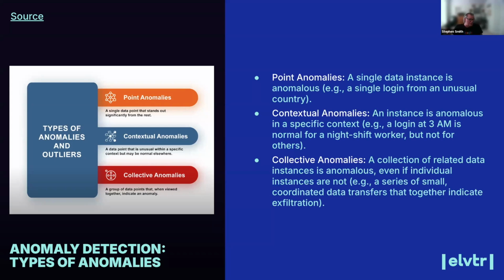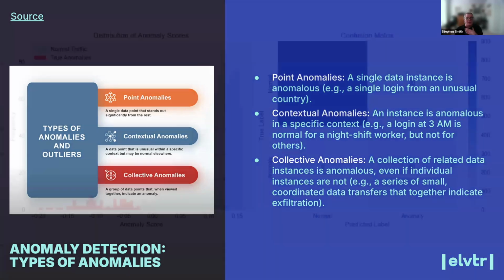Think about it this way: which type do you think is probably the hardest to detect, and why would that be? I won't say any of them are simple, but in my opinion, between contextual and collective, I would say collective is probably harder, but that's just my opinion.